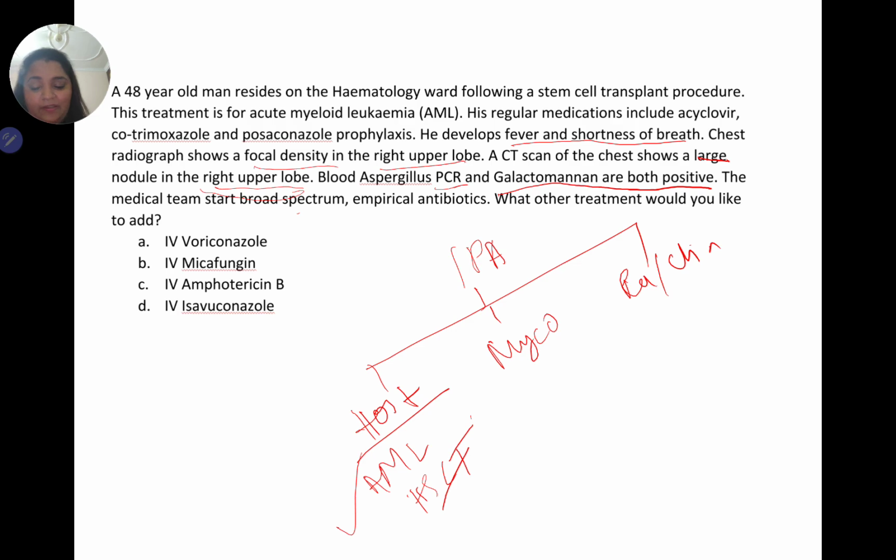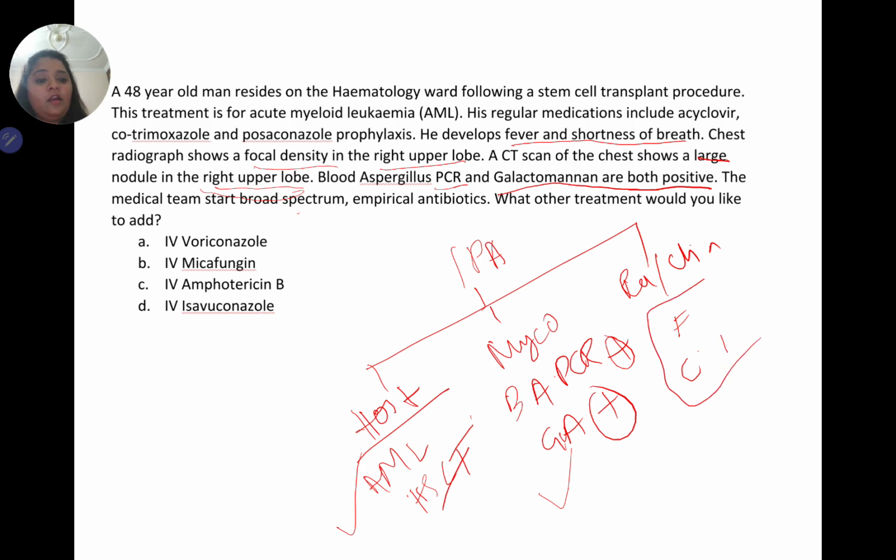So this will satisfy the host criteria. Then mycological criteria, we have blood Aspergillus PCR positive as well as galactomannan which is positive. Then clinical and radiological criteria, we have clinical features showing fever, shortness of breath, chest radiography showing right upper lobe focal density. So all these make this a case of probable IPA.